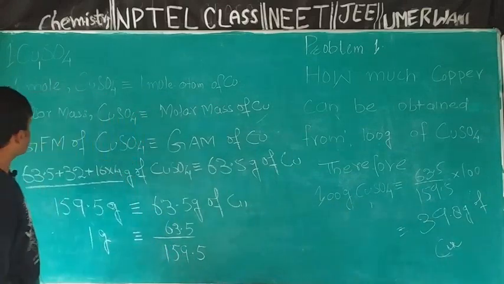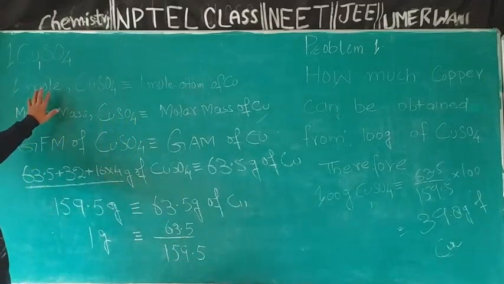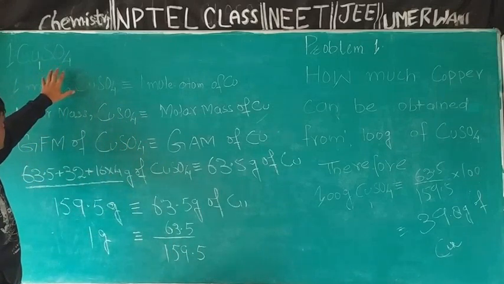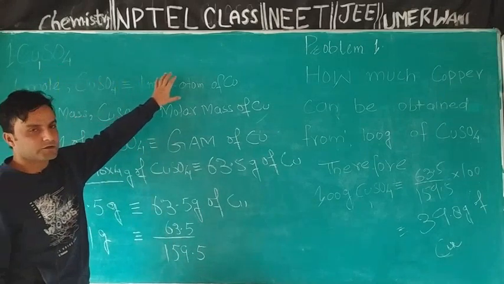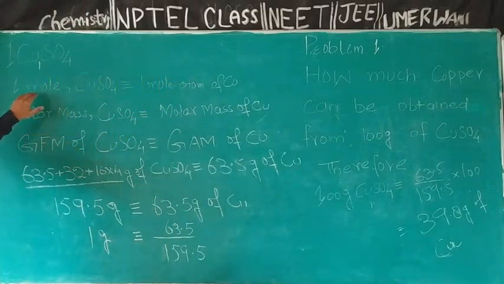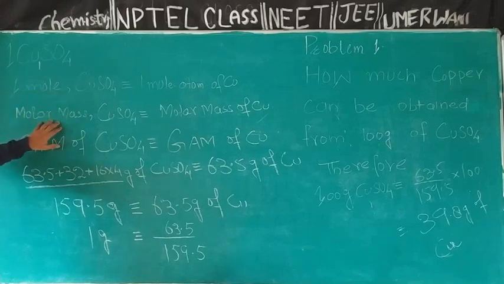Therefore here I used ideas like: the formula represents 1 mole of compound, and from 1 mole of compound we know how many mole atoms of each element are present. Second idea, the mass of 1 mole is equal to molar mass.